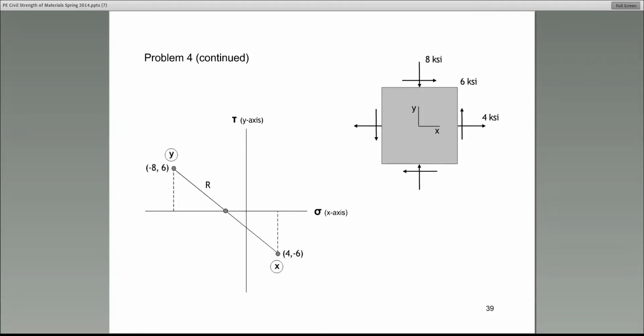So one thing we need to identify is the coordinate of the point of intersection of that diameter and the x-axis. And if you look at the numbers, that comes out to be -2.